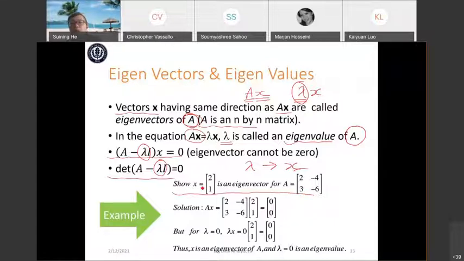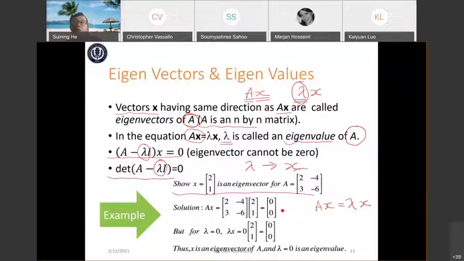Then we try to prove that this is an eigenvector of this matrix. We first look at the definition: AX equals lambda X. We find the product between this matrix and the vector, and we see that it outputs the 0 vector.